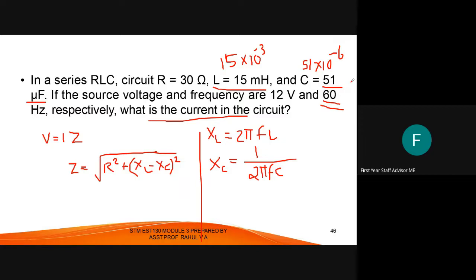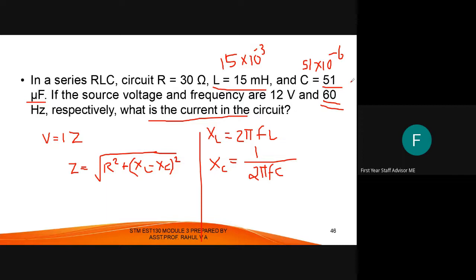Okay, XC. XC is equal to 1 by 2 pi into 60 into 51 into 10 raised to minus 6.